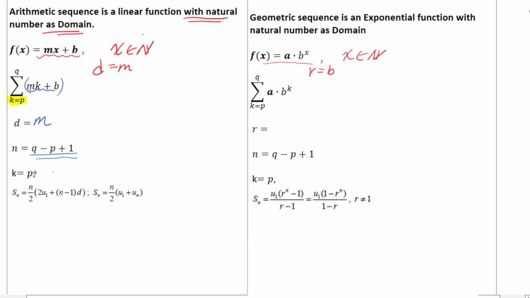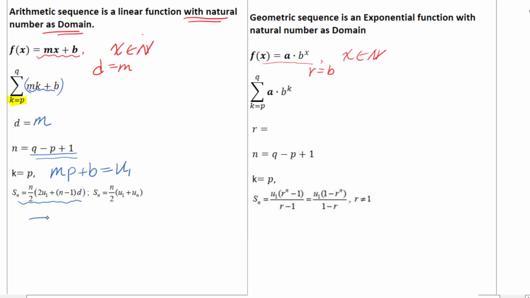How to get the u sub 1? When k equals p, we plug in p for k. We will get m times p plus b. This will be the u sub 1. Then you can use this formula to figure out the summation of this sigma notation.